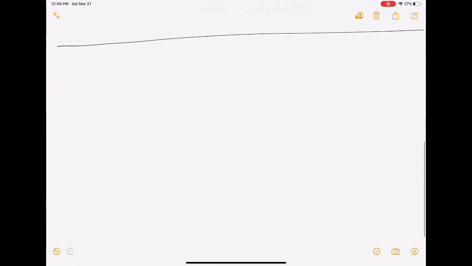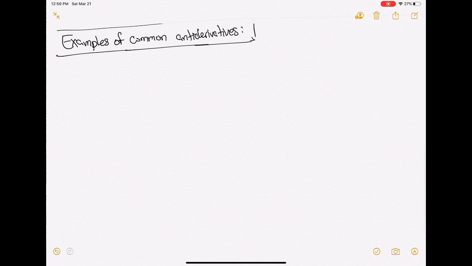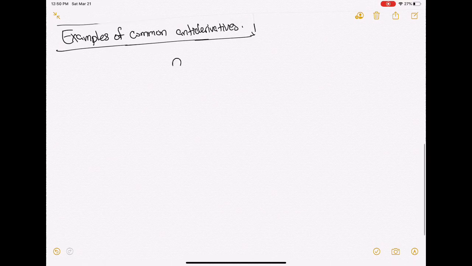So let's talk about some very stereotypical examples of common antiderivatives. Okay, so common antiderivatives, we're going to have something like the antiderivative of 0 dx.